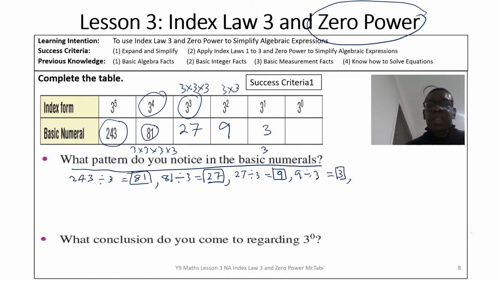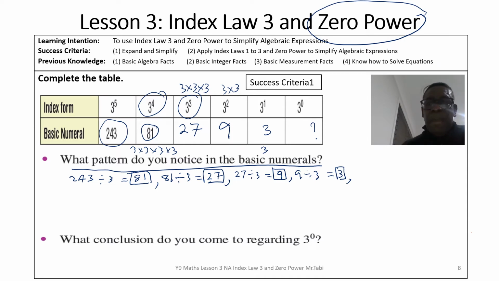So to fill the next column, we are dividing by 3, as you can see. That's the pattern. Do you have any good reason this pattern will not continue? Of course, it will surely continue.